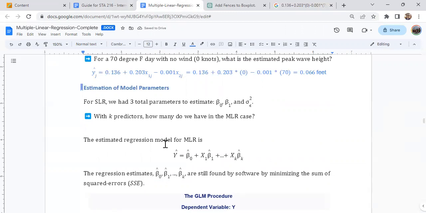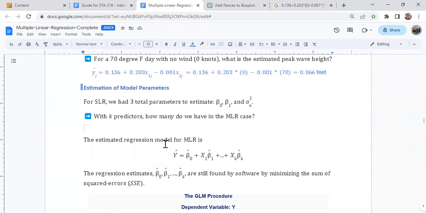What about for multiple linear regression? If we have k predictors, how many parameters are we estimating? So let's say we had 3 predictors.